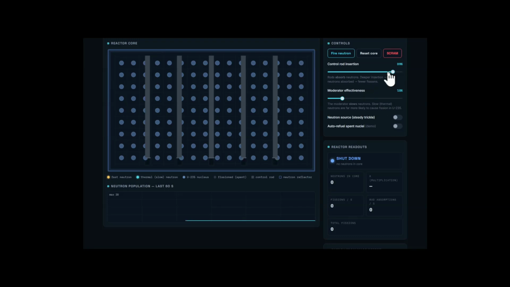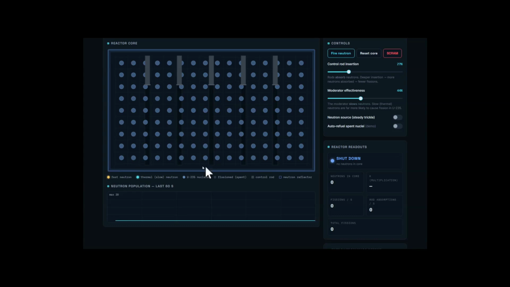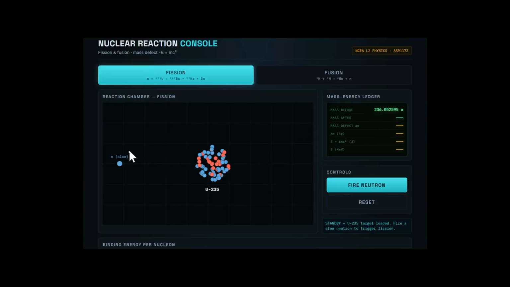If we pull those control rods out and we increase the moderator effectiveness, then the moderators are these things that are surrounding the uranium. Their job is to slow down the neutrons. If the neutrons are moving too fast, they won't have a good cross-section to hit the atoms.